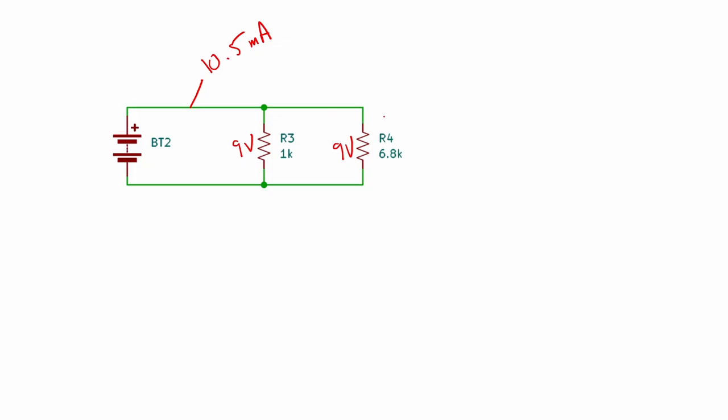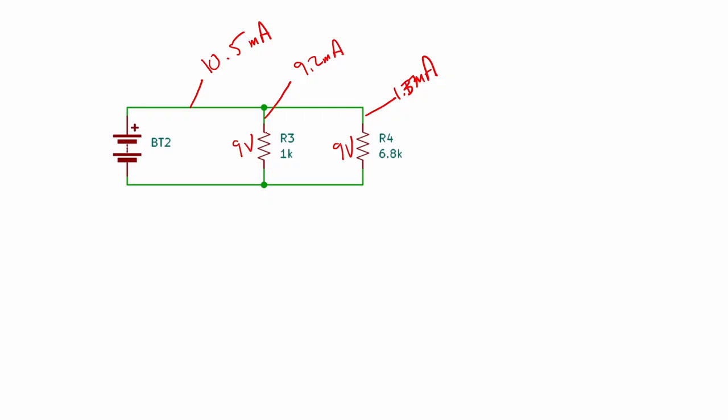That means that the current that comes through these is going to be different. Now, we measured those, and the current from here was at 9.2 milliamps. And the current here was measured at 1.3 milliamps. So how close would these be to the actual values?